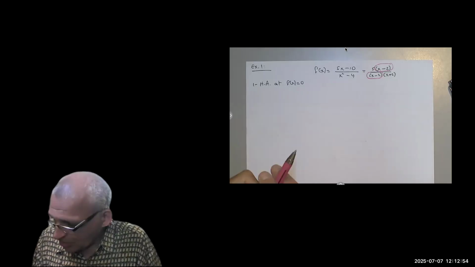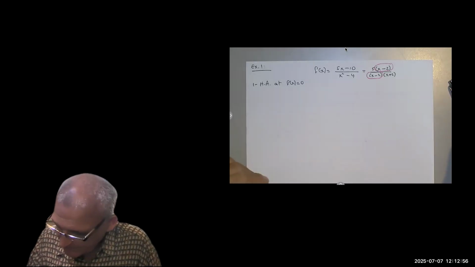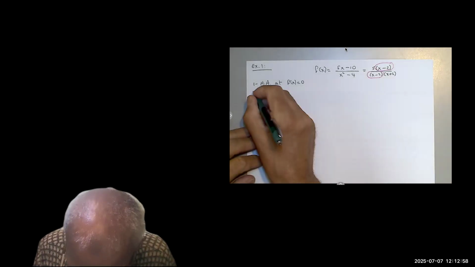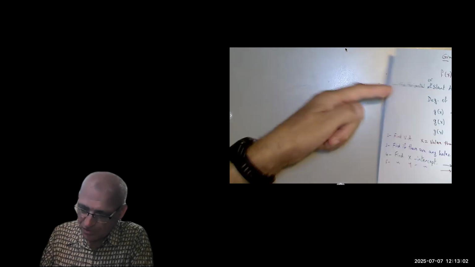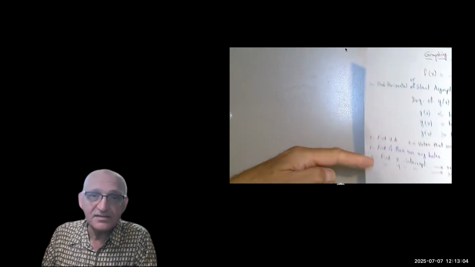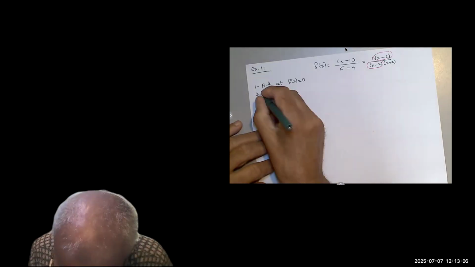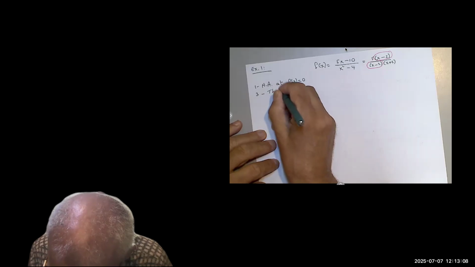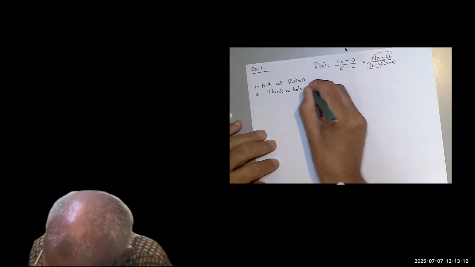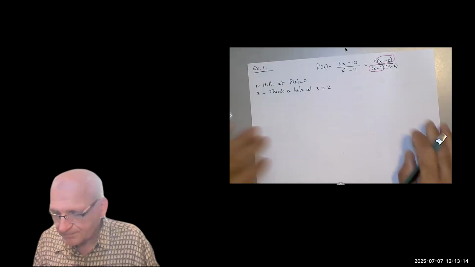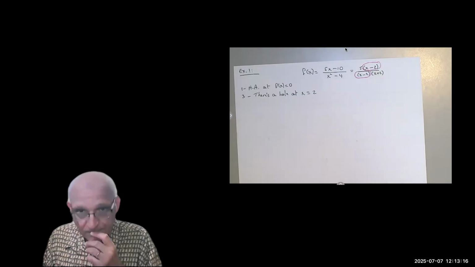Now, I'm going to say number 3. In our case it's a second thing, but it's just so when you go back here, you see what I meant by there's a hole at x equals 2. Okay.